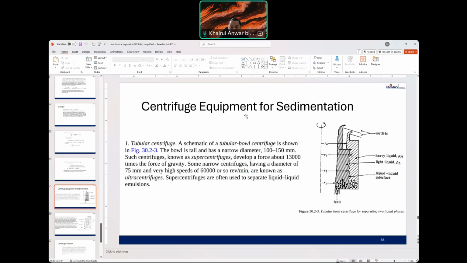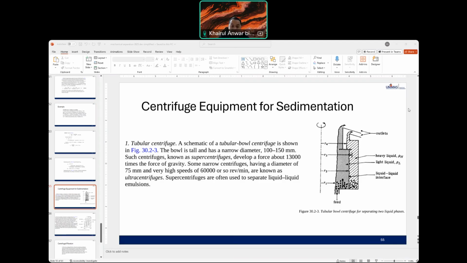Centrifuge equipment for sedimentation. Tubular centrifuge. A schematic of a tubular bowl centrifuge is shown in figure 30.2-3. The bowl is tall with a narrow diameter, 100 to 150 millimeter.